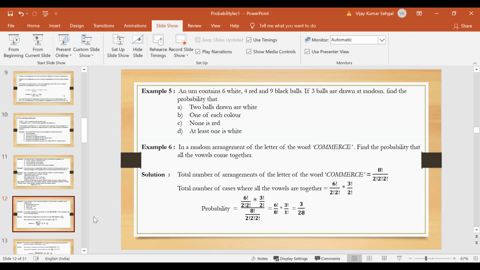So here we have letters, of which two are of one type, two are E's, and so it will be 8 factorial over 2 factorial into 2 factorial into 2 factorial.